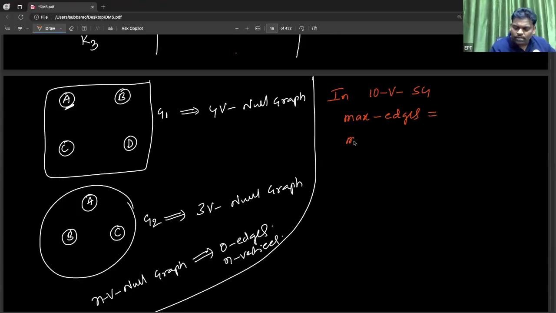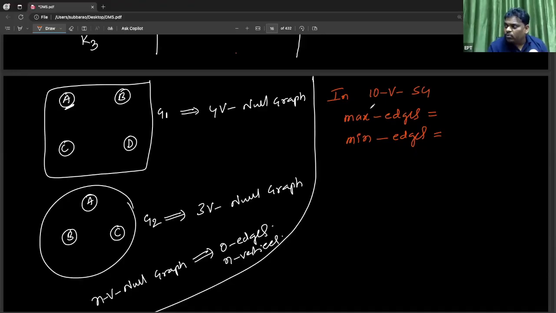I want the answer. Calculate properly. Don't say whatever way you like. In a 10 vertex simple graph, minimum edges how many? Maximum edges how many? Everyone knows.